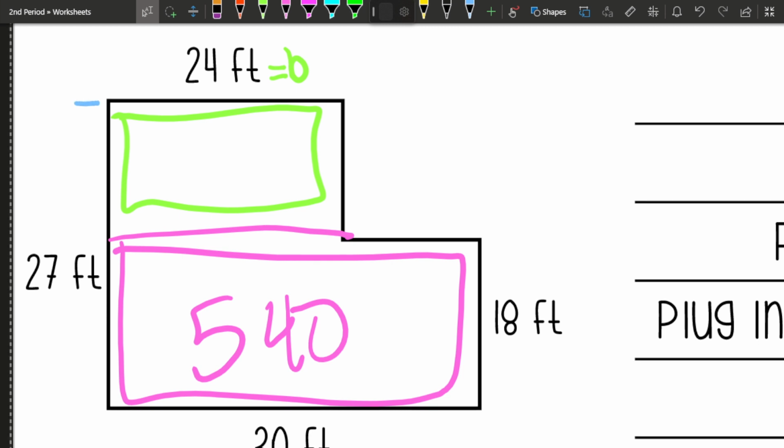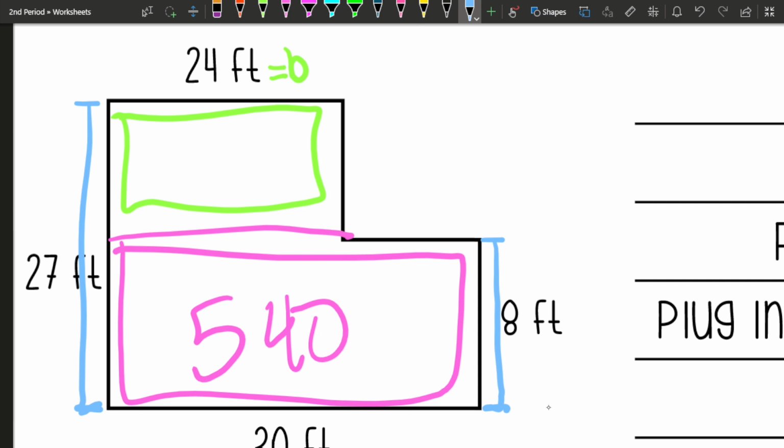I know the distance from here to here is what? 27. I know the distance from here to here is what? 18. Okay? Well, I can kind of see the distance from here to be also 27, just like this right here, right?